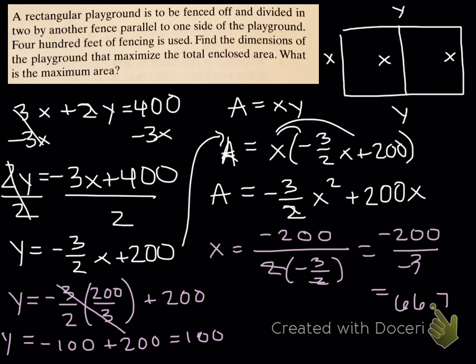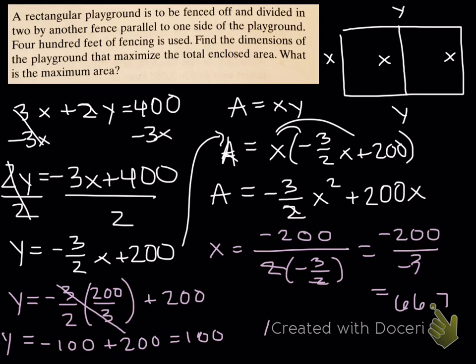So if you use the decimal of 66.7, you probably got a decimal very, very close to 100. Either you got like 99.99 or you might have got 100.3 or something like that. So that's why I said fraction form is a little bit easier.